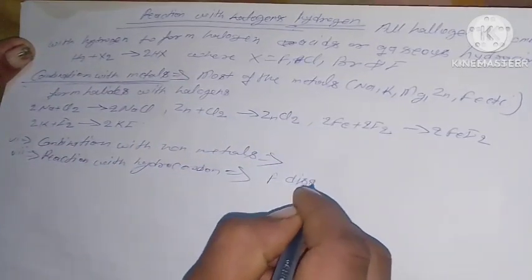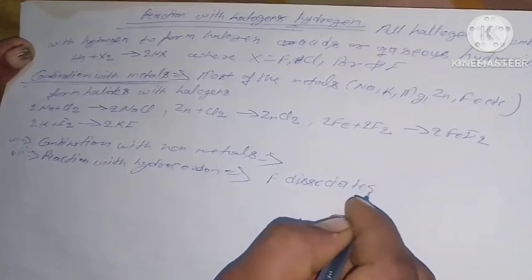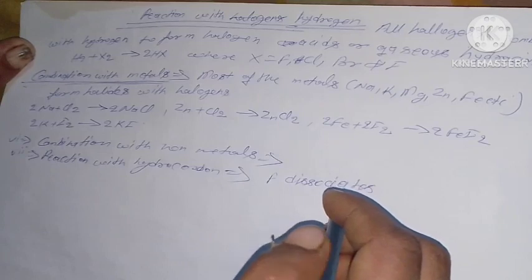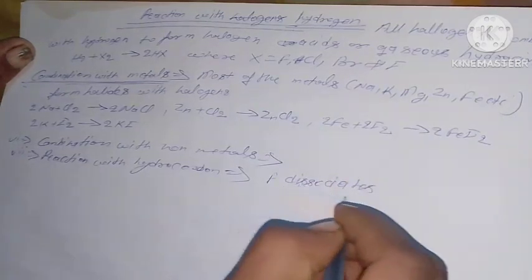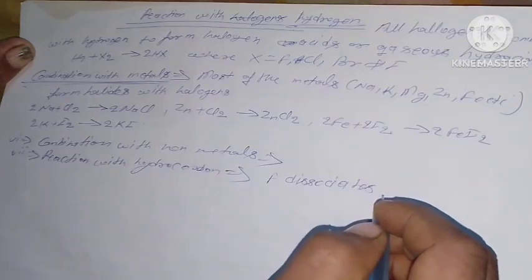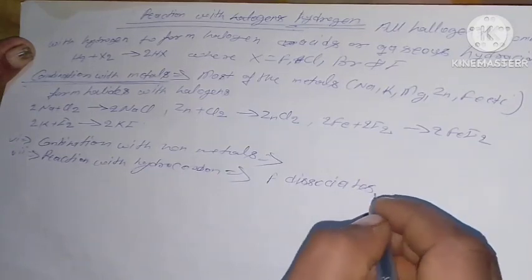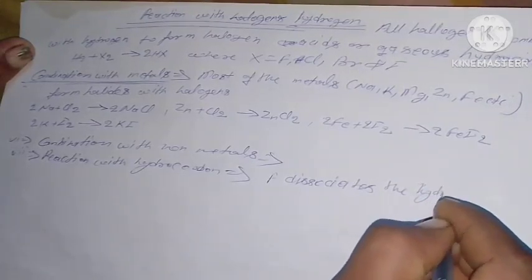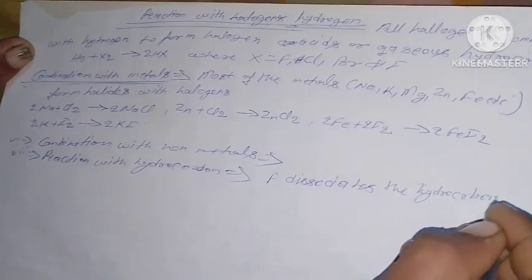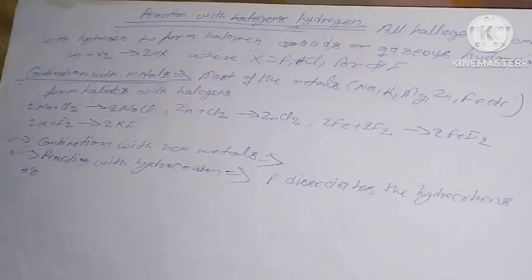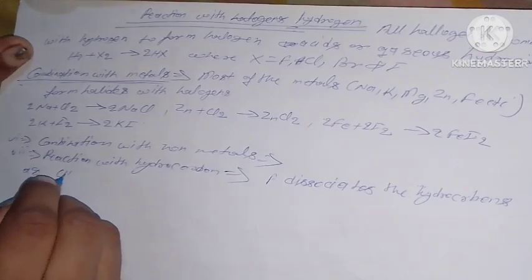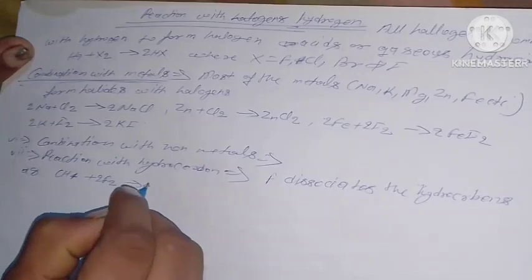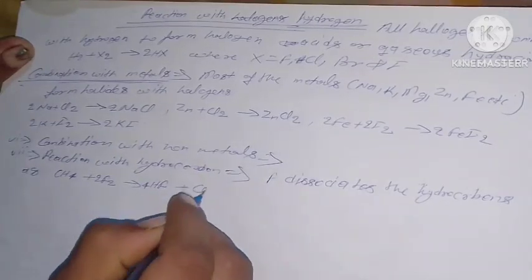Fluorine dissociates the hydrocarbons, as methane CH4 plus 2F2 makes 4HF plus carbon.